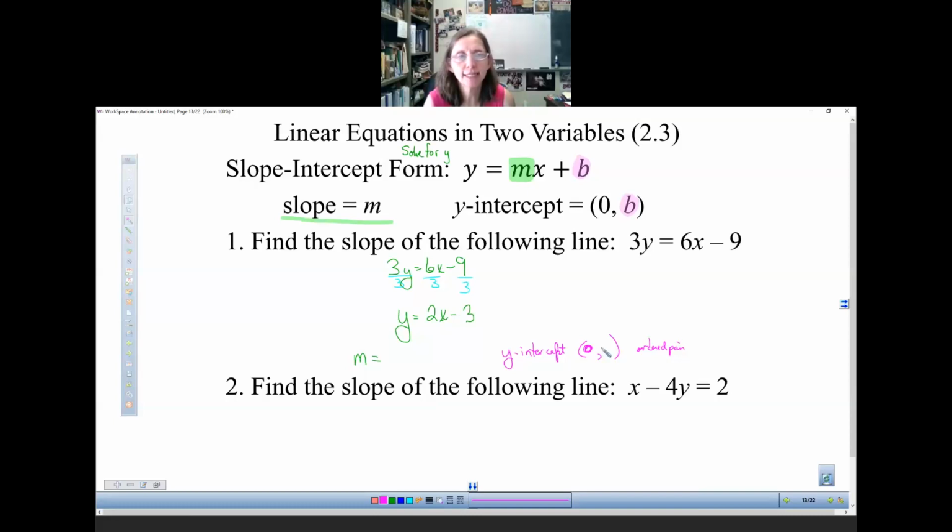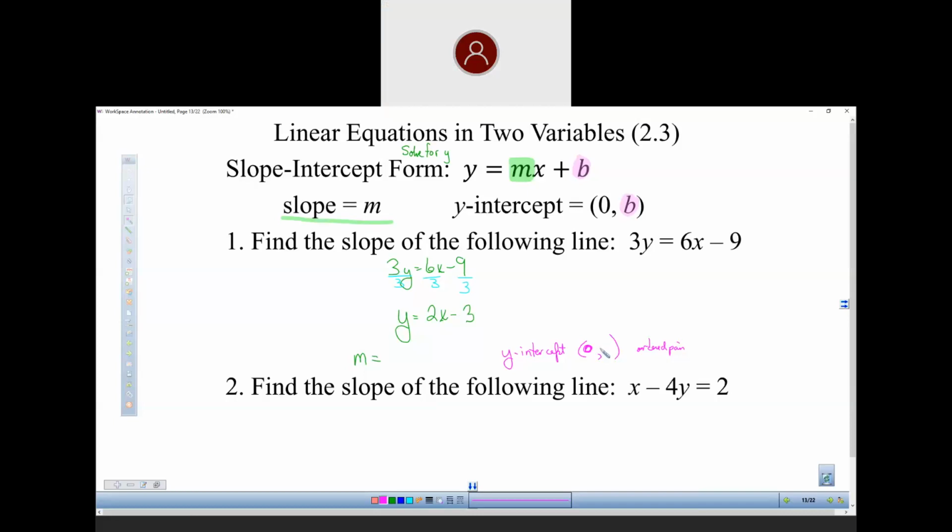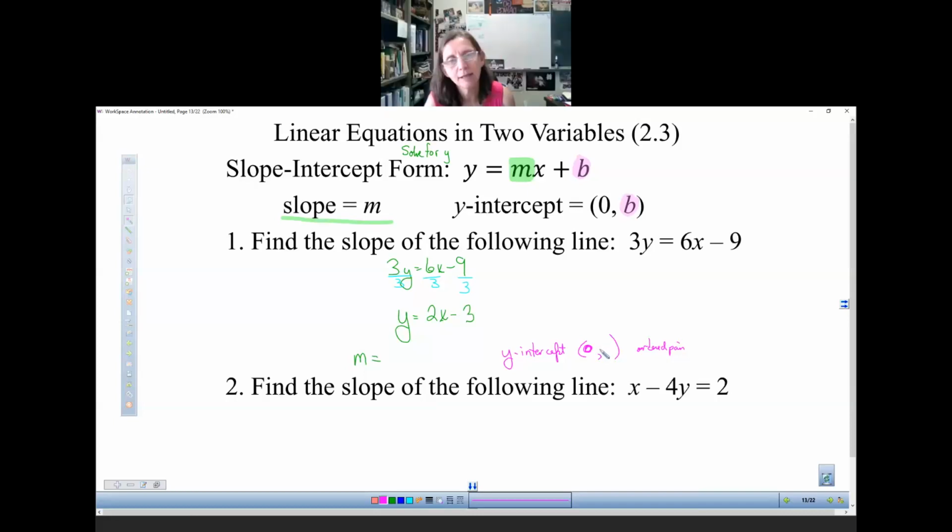Brandon, are you with us? I said, what is the y-intercept? If I have an equation written like this, what is the y-intercept for this equation?